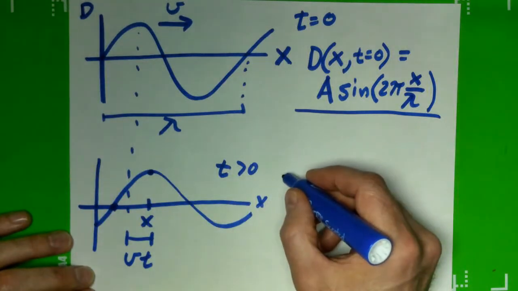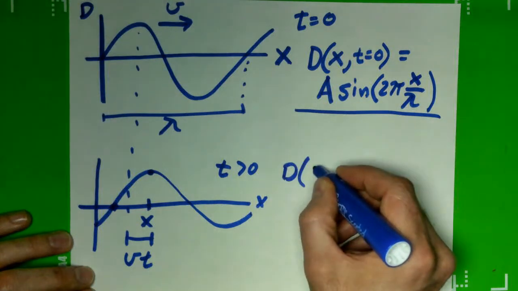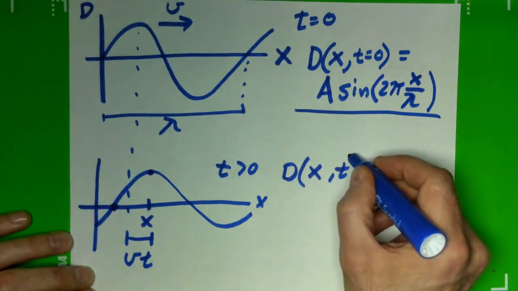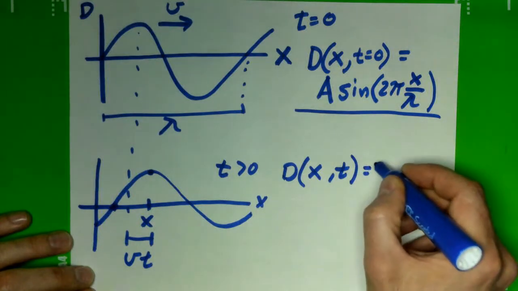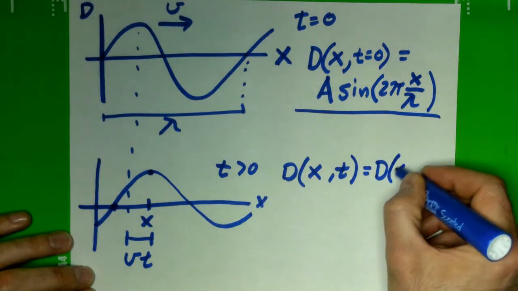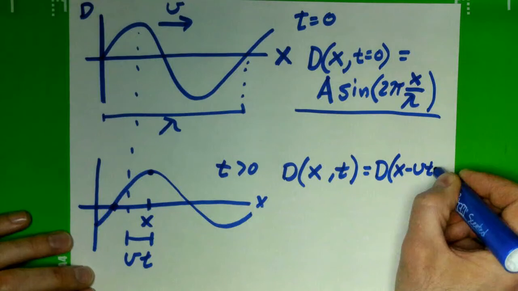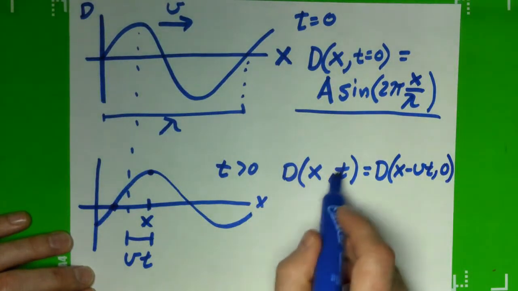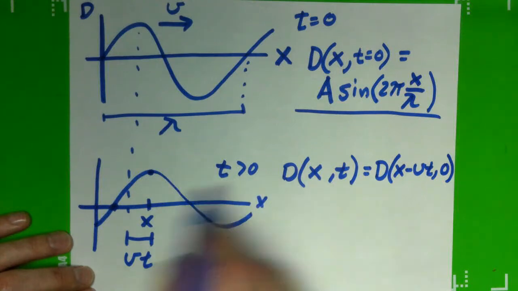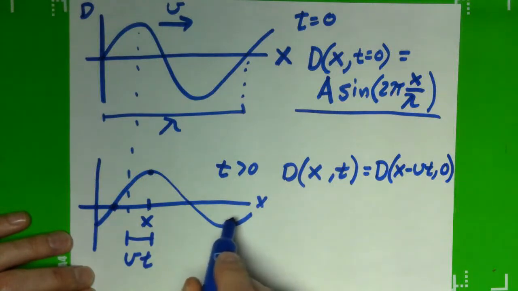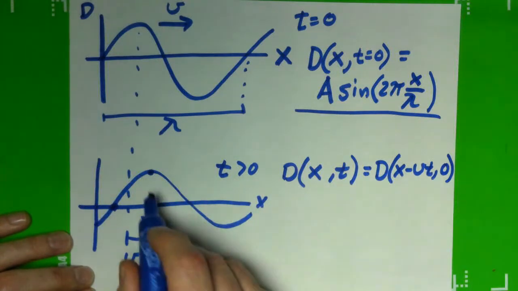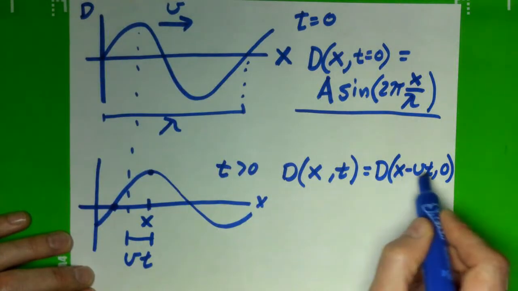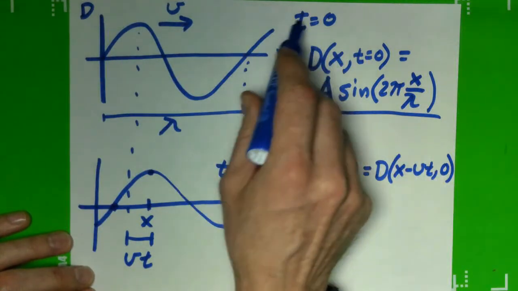So mathematically, I can write d at x and non-zero t looks like d at x minus vt and t equals 0. So the true function for this time and all positions measured here looks like the position earlier, an earlier position, at t equals 0.